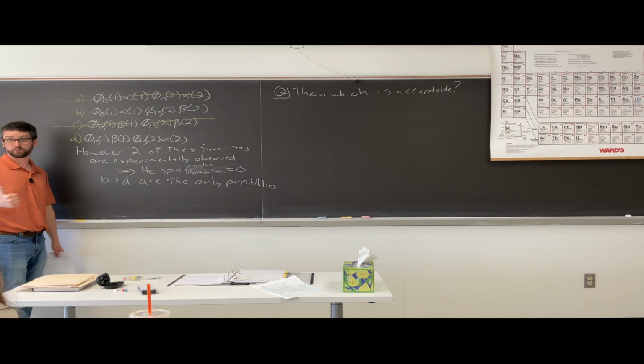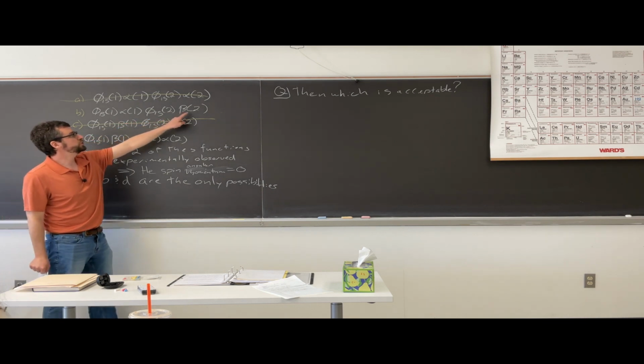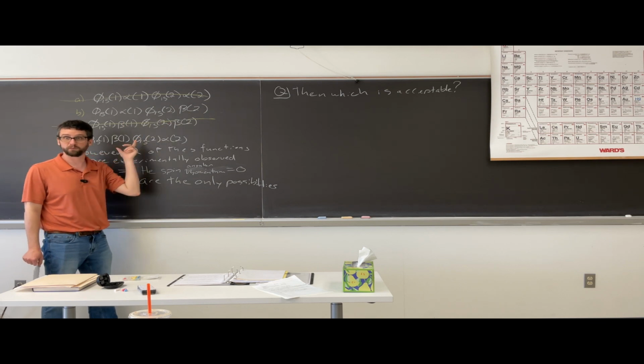And by the mathematics, we're actually not permitted to know that. So we can't say electron number 2 is definitely beta, because we can't tell 2 and 1 apart from one another, really.